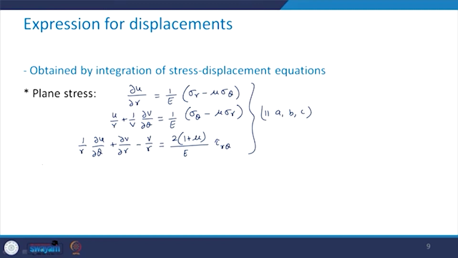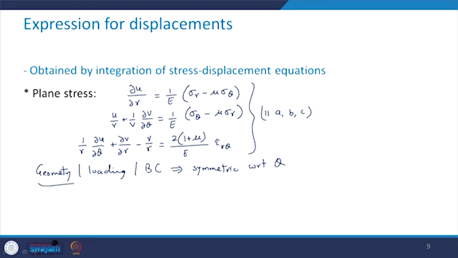Since the geometry, loading and boundary conditions are all symmetric with respect to theta.